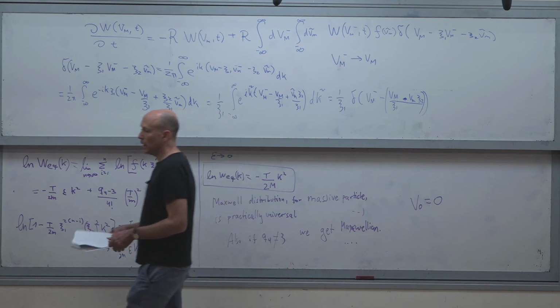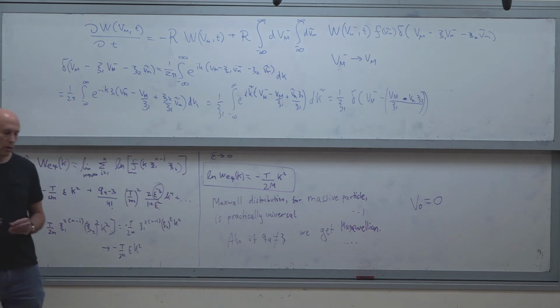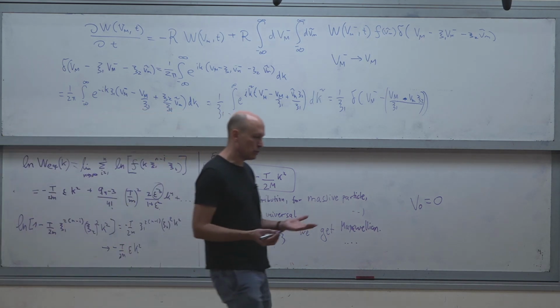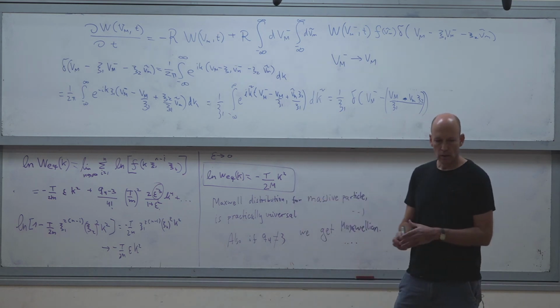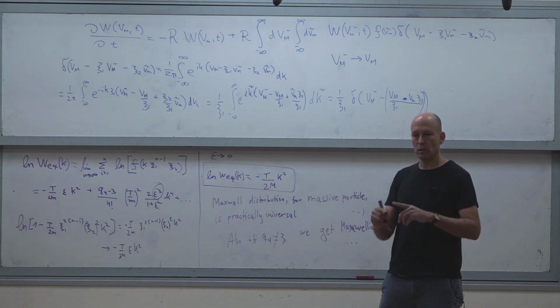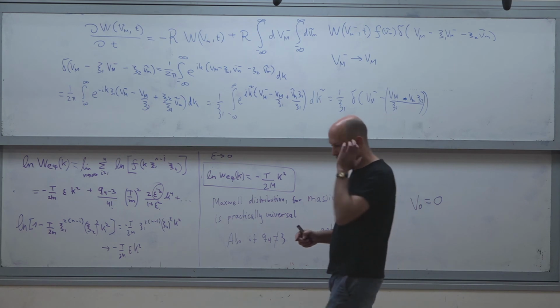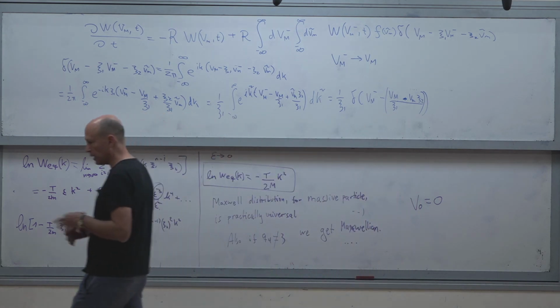And this is exactly like the central limit theorem. No matter with what velocity distribution I start with, let's say uniform distribution, exponential distribution, my gas particles can be in any distribution.